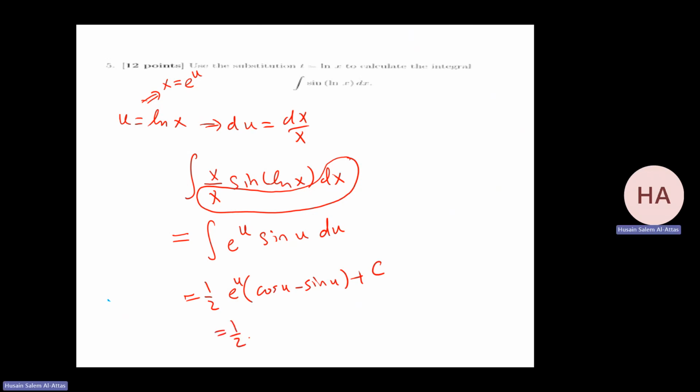U is ln x, so that will be half x, sine ln x minus cosine ln x, plus c.